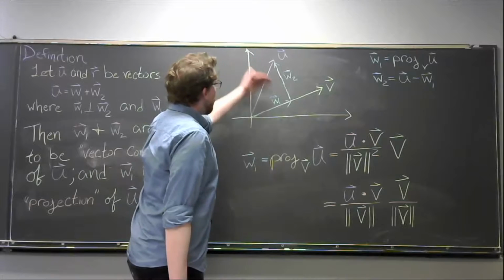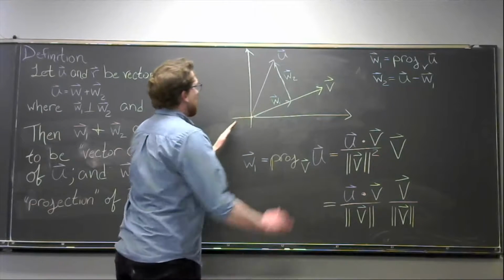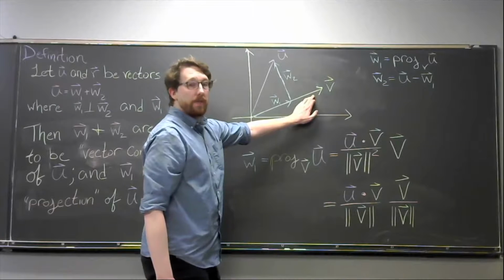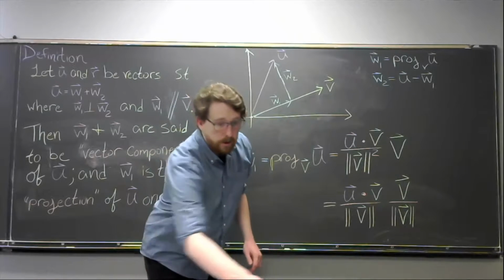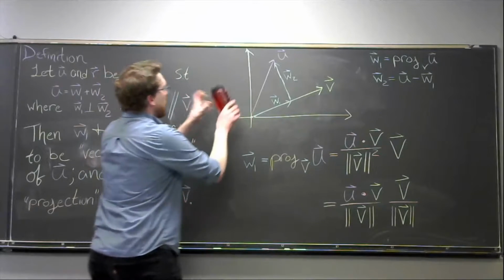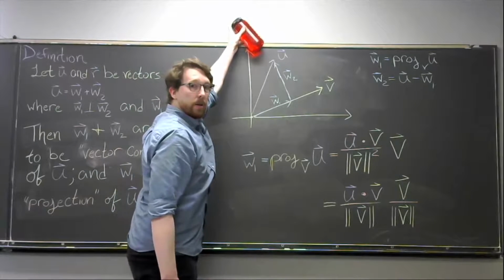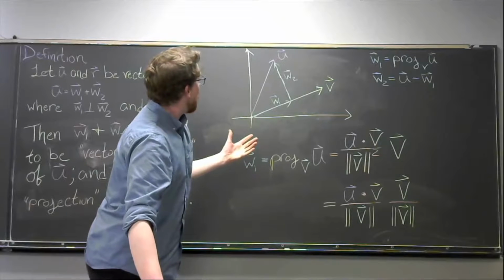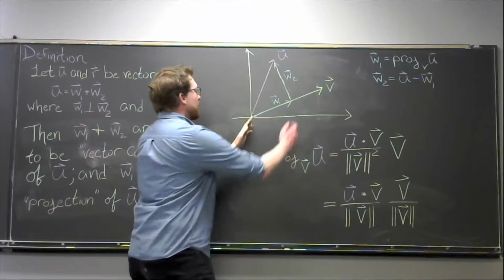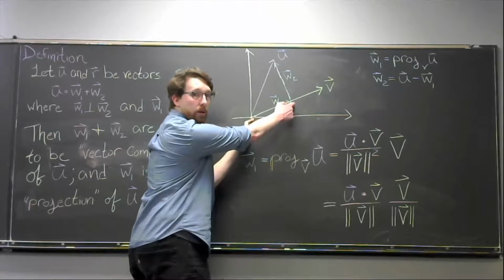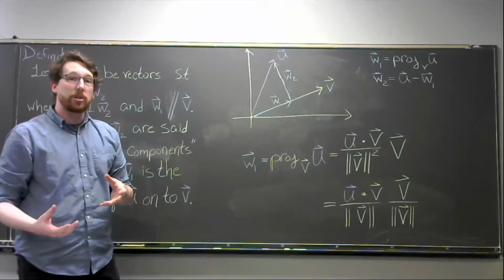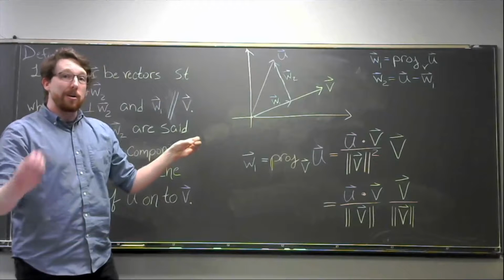Well, if u is casting a shadow onto v, and the flashlight is held at a right angle to v, so it looks something like this, then the shadow that you cast would look like w1. This is what it means for w1 to be a projection of u onto v.